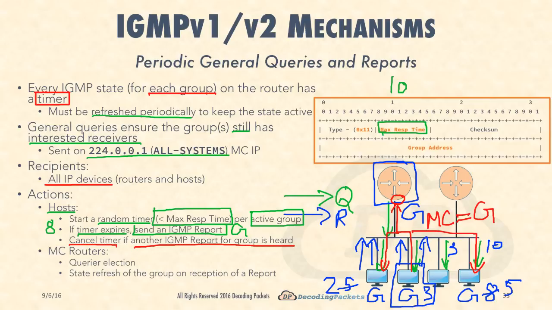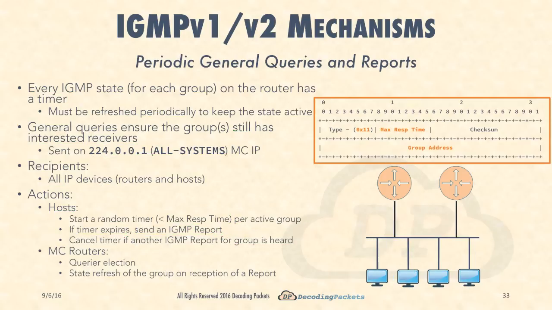Now for the multicast routers, remember all of the multicast routers are also going to receive this particular query. The general queries are received by all of the multicast routers on the segment. So suppose the first one was designated querier and the second one is just a router.